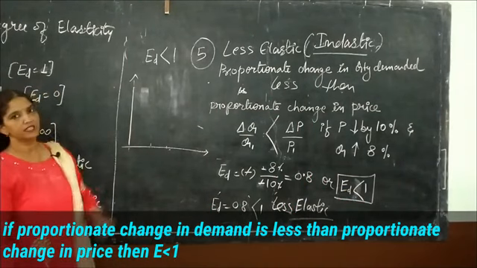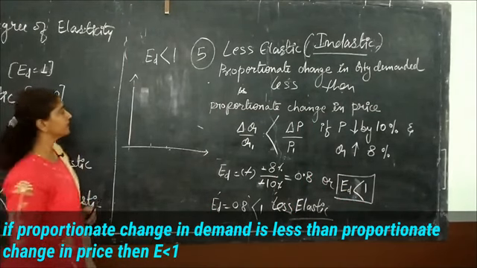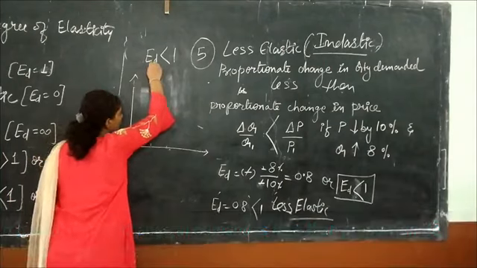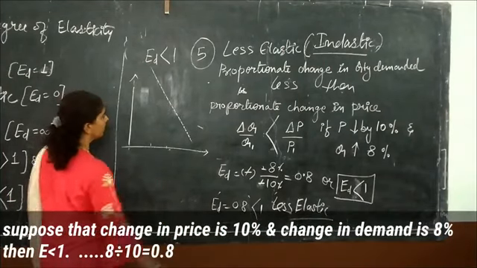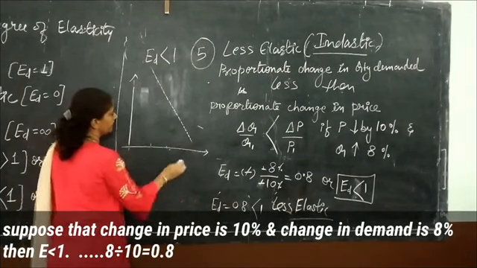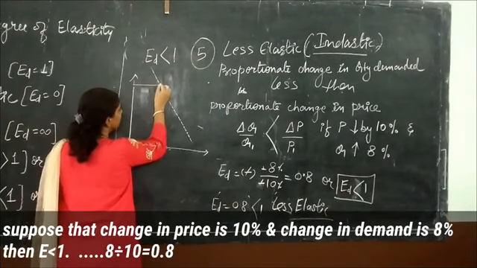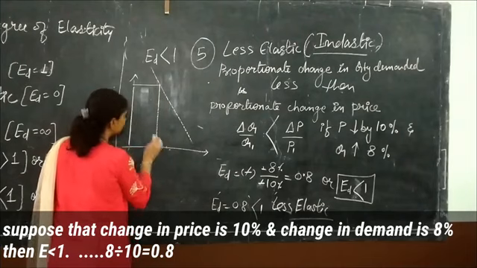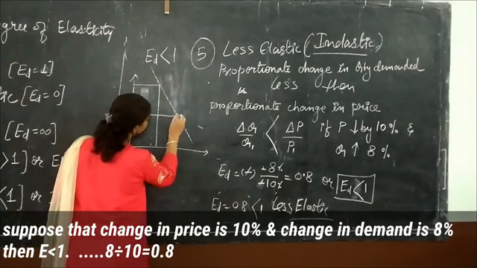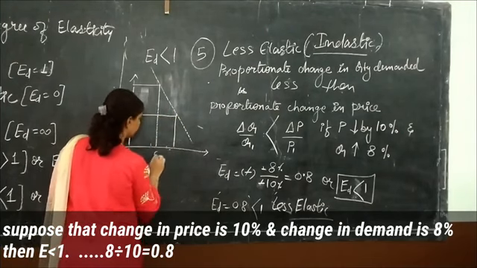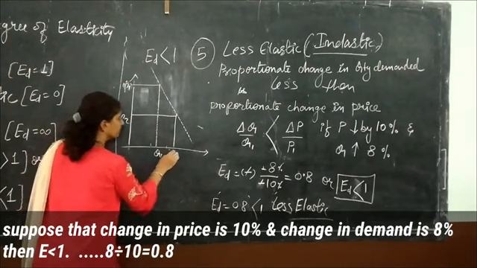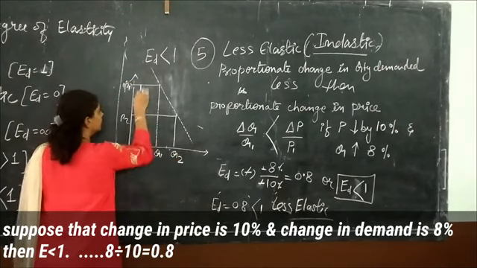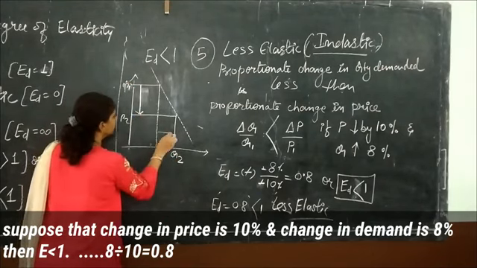The less elastic demand curve or inelastic demand curve is one where the slope of the demand curve is very high. Okay, if the slope is very high, in that condition the change in price will be greater than change in quantity.